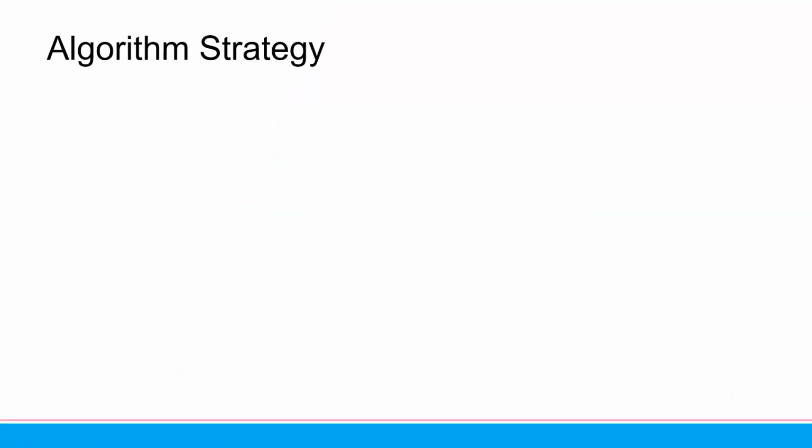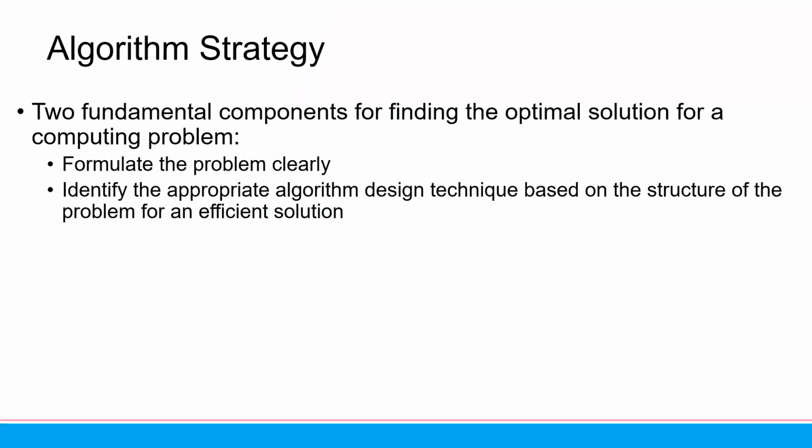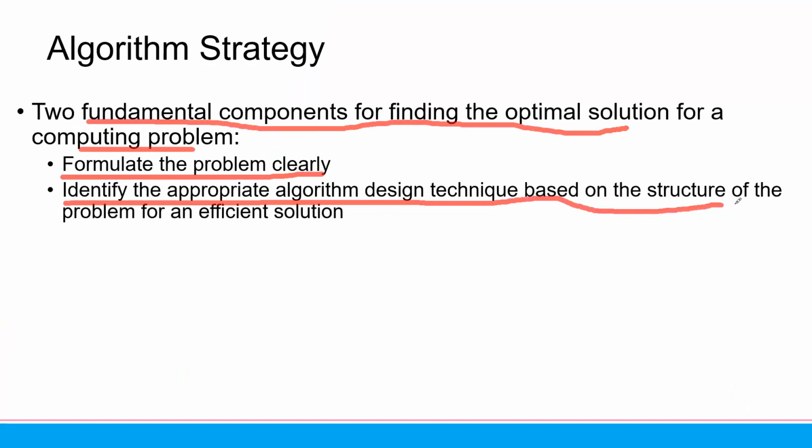We can have many algorithm strategies. There are two fundamental components for finding the optimal solution for a computing problem. First, you need to formulate the problem clearly. So what is the problem that you want to address? And after you have the problem, then identify the appropriate algorithm design techniques based on the structure of the problem for an efficient solution.